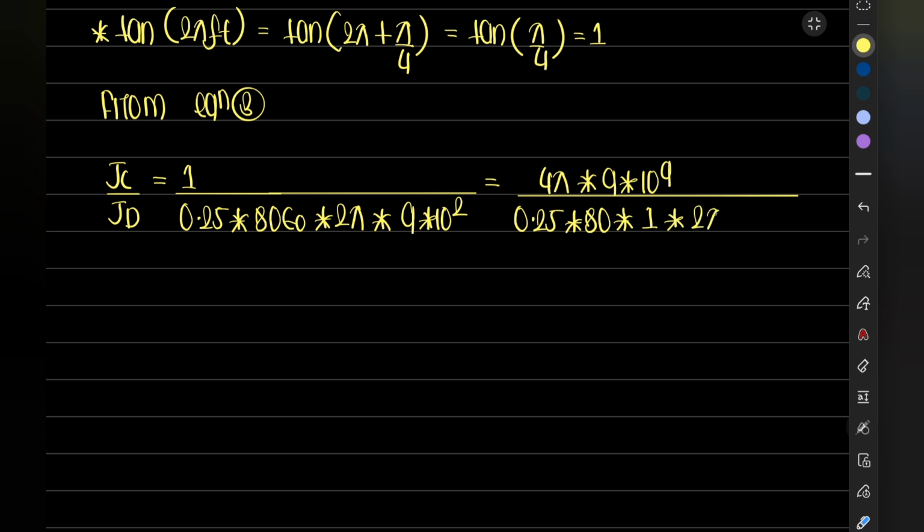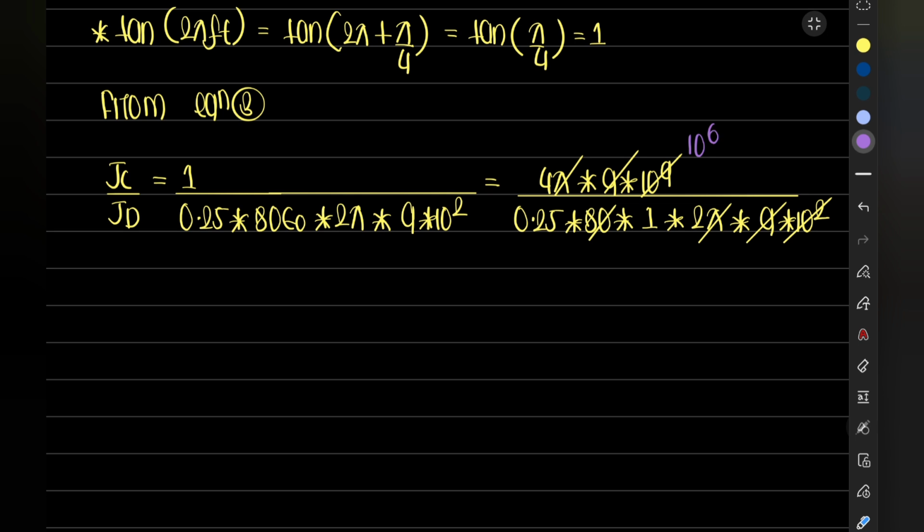After that 2 pi into 9 into 10 to the power 2. This 9 and 9 will get cancelled out, pi and pi will get cancelled out. After this we have 10 to the power 3, which will become 10 to the power 6.